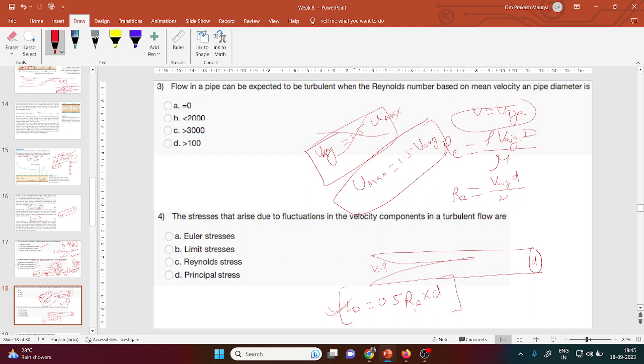Based on L_D, you can calculate from the Reynolds number. You already know the Reynolds number is V average times D divided by kinematic viscosity. So all the information is given, and you can calculate the average velocity from here. This type of question you can expect in your exam and maybe in GATE also.